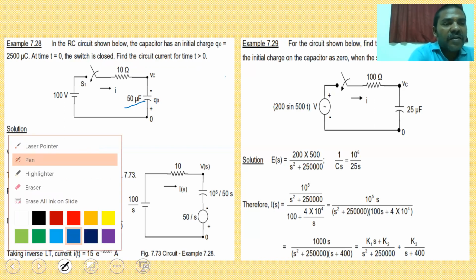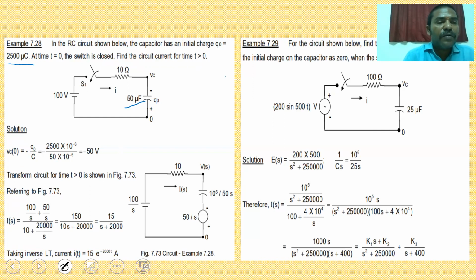So initially the capacitor is charged with 2500 microcoulombs.